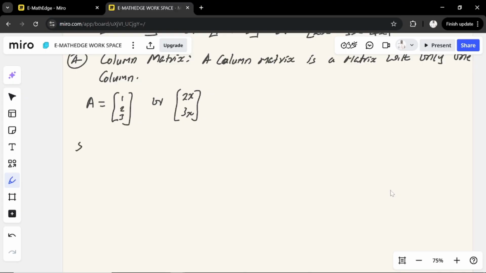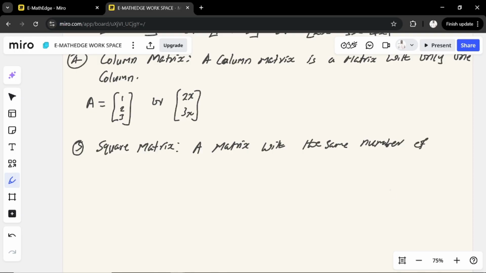So the next term we are going to be looking at is the square matrix. Now, what is a square matrix? A square matrix is a matrix with the same number of rows and columns.